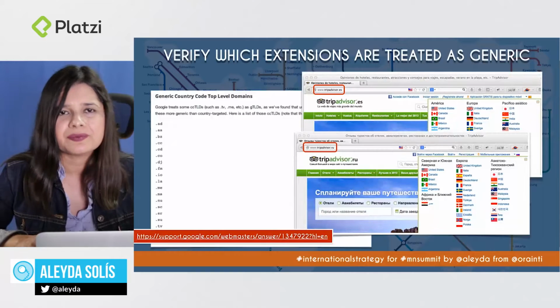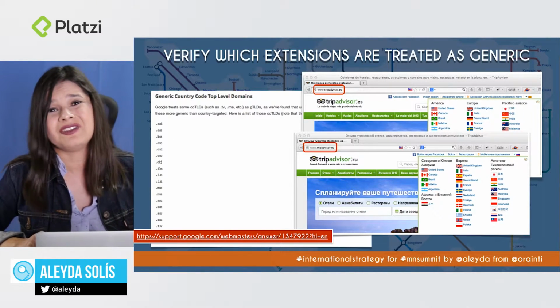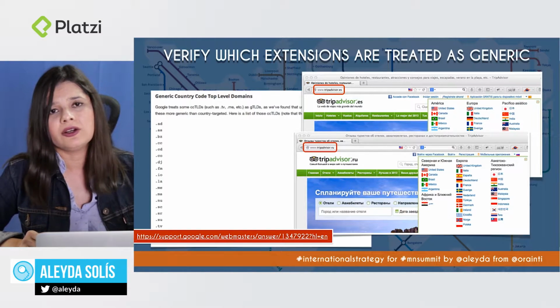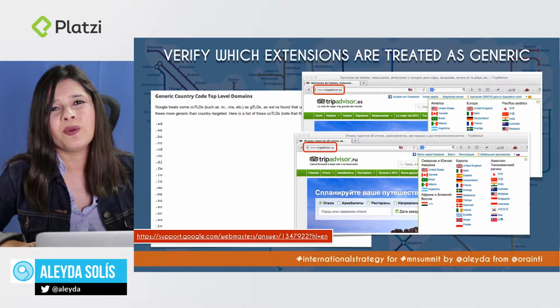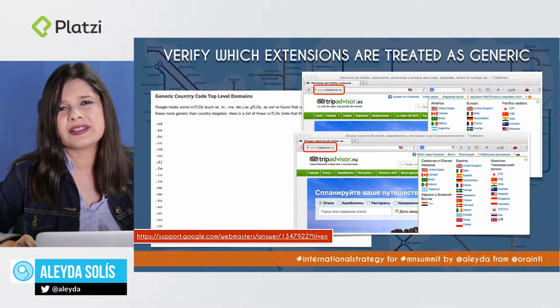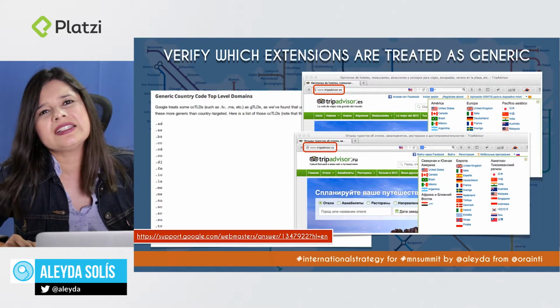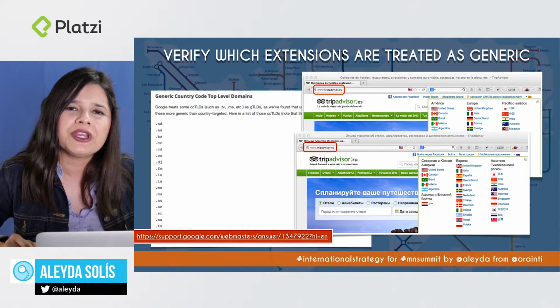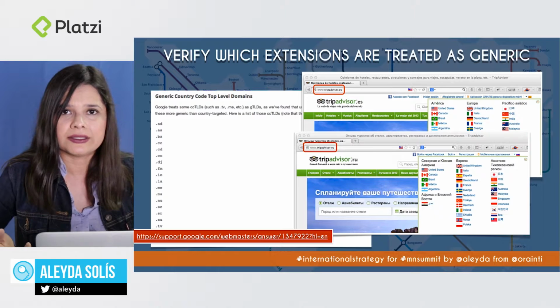You can see in this case how websites like TripAdvisor have literally dozens of international versions, all of them targeted with ccTLDs. And this is something very, very important that you can see to the left of the screen. There are certain ccTLDs that are not treated by Google as geolocated ccTLDs.